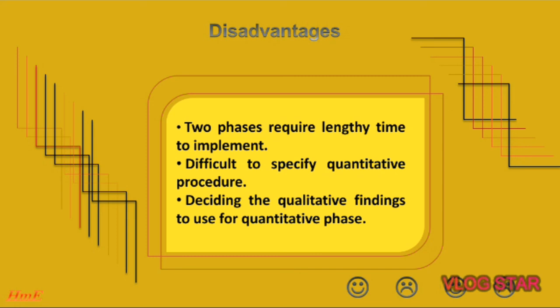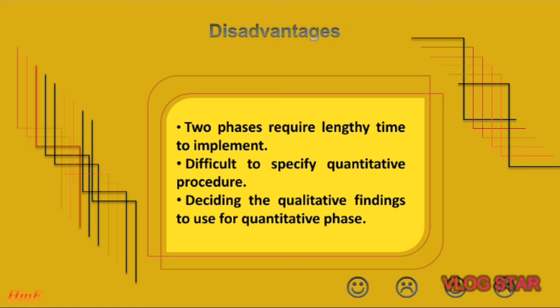Using those qualitative data, the researcher builds his quantitative aspect. So sometimes it is criticized on the basis that it gives importance to the qualitative aspect of the research, and some criticize that it will be difficult to specify some quantitative procedure to conclude the research in a quantitative way.